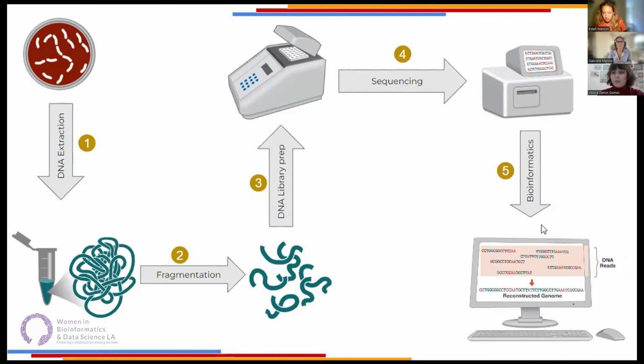However, when we get the results from the sequencing, the DNA is still fragmented, so we need to reconstruct it. We do that through bioinformatics tools that do this task. This way we get to our fifth and last step, ending with the whole genome reconstructed.